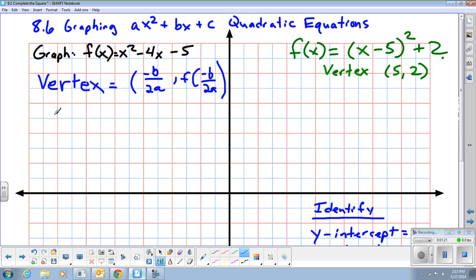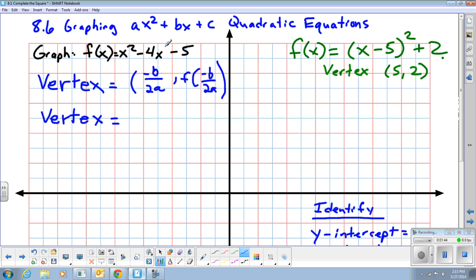Well, to start with, to find our vertex, we're going to start with defining the x coordinate. So we start by doing this little formula of the opposite of b over 2a. Let's take a look at my equation up here. a is the number in front of x squared, b is the number in front of x, and c is the plain number at the back end, just like I have written up here at the top.